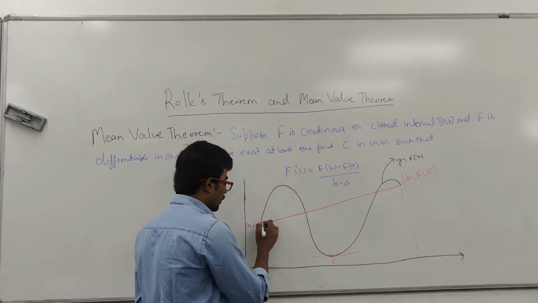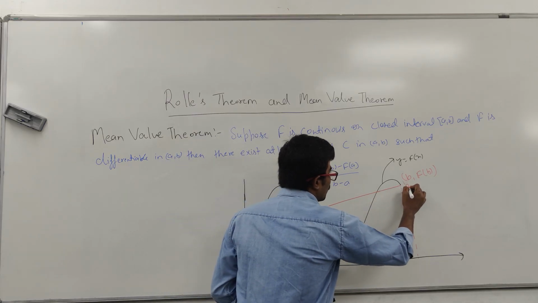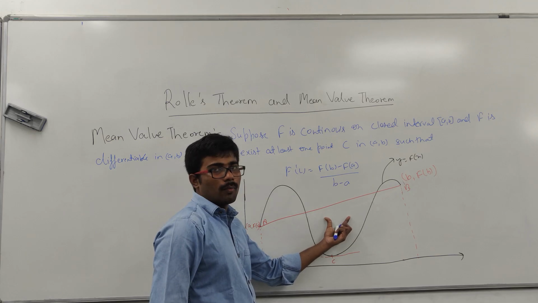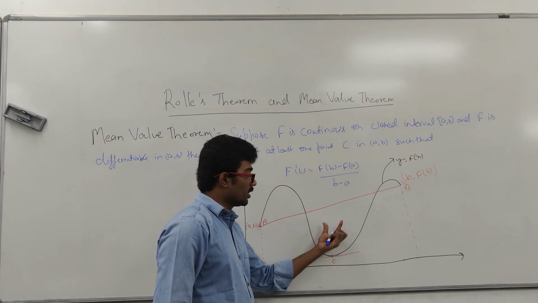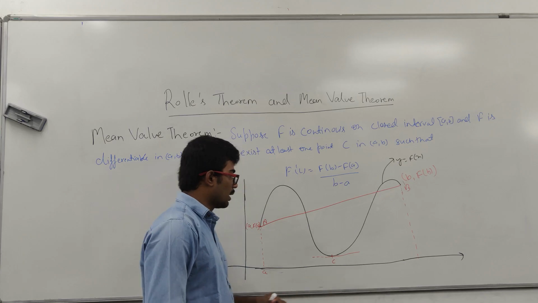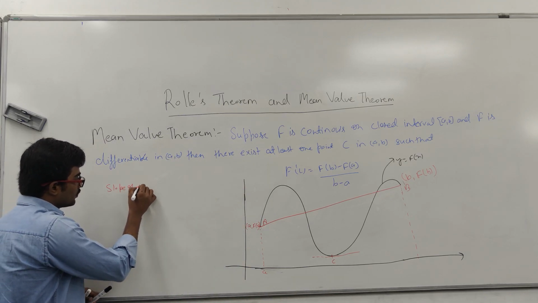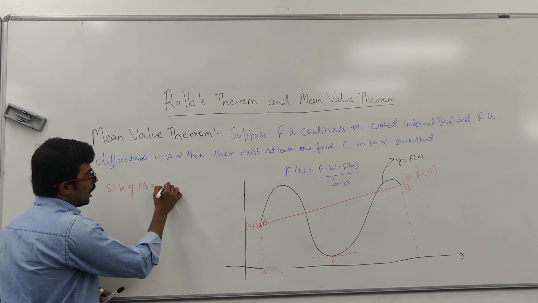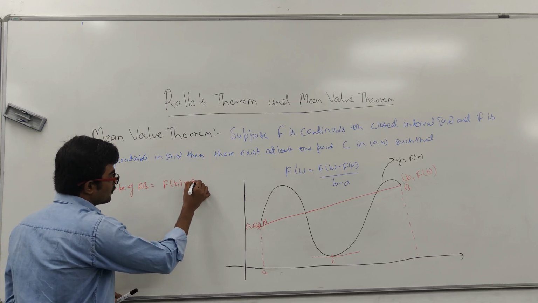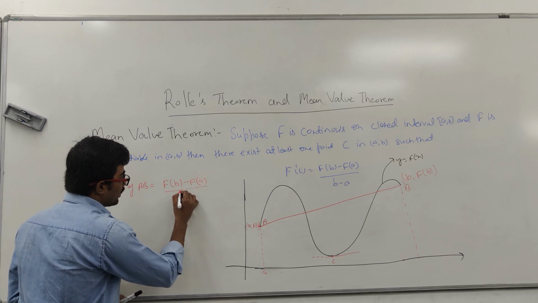Now we can write the slope of the line AB, which is the same as f dash C. Therefore f dash C equals the slope of AB, which equals f of b minus f of a upon b minus a.